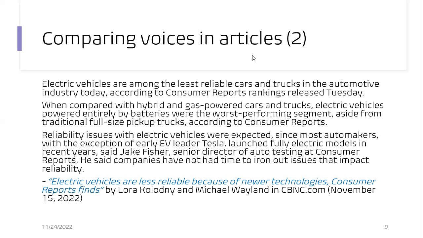So the writers of this article are not inserting their own thoughts or opinions. They are just reporting what the rankings showed, and they also reported what the senior director of the auto testing at Consumer Reports said.